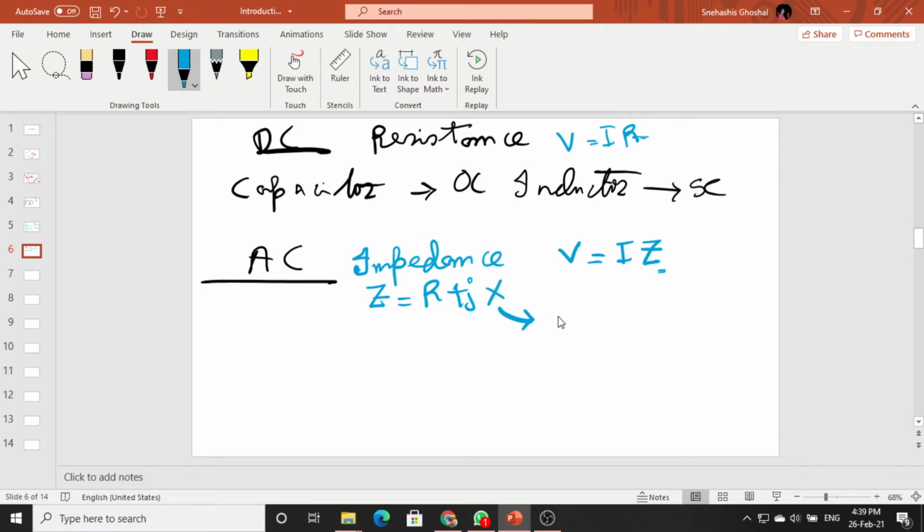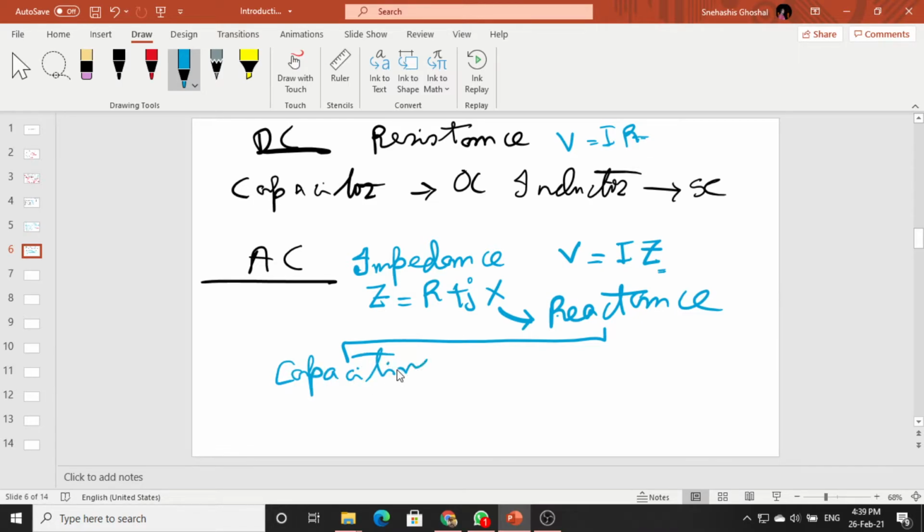X is called reactance. Now the reactance may be capacitive or inductive.